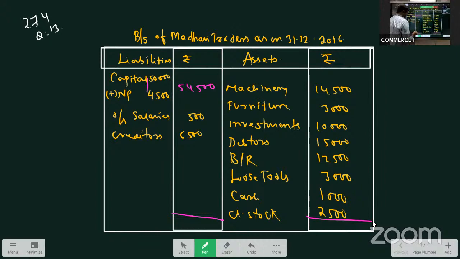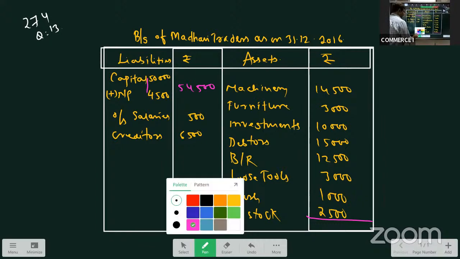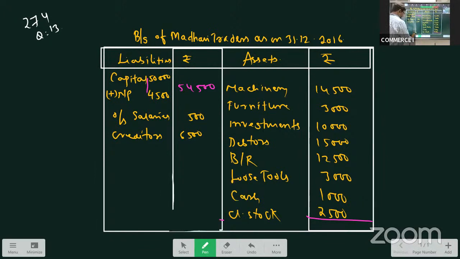On the liability side, let us add up: 17, 27, 42, 43, 53, 55, 56, 58, 59, 61,500.